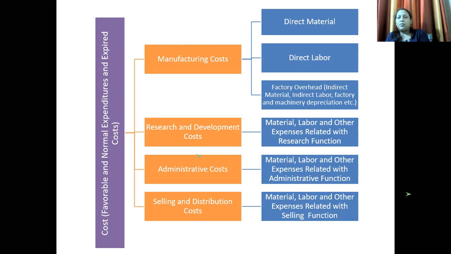Then labor, that is to carry the finished product to different shops or destination or different company, that is labor cost, and other expenses also, that is they have to purchase some accessories, printers, etc.